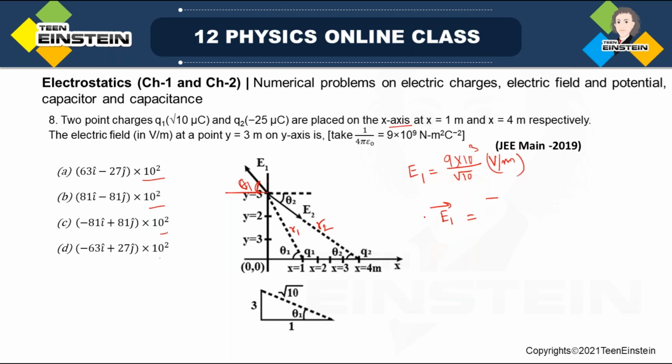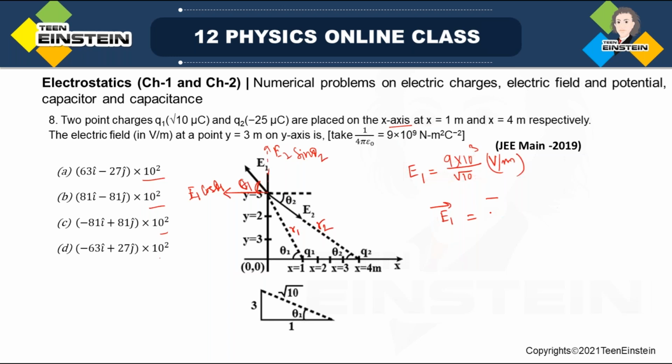See, E1 vector, I have to see, this is U1, so it is making an angle theta with this negative x-axis. So it must be having a component here, E1 cos theta 1, and along this direction E1 sine theta 1.